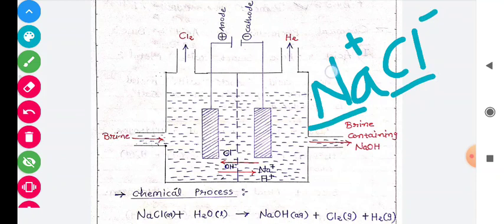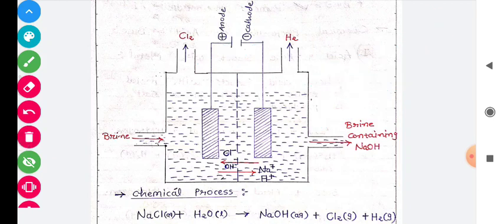So the positive ion is attracted to the negative side and the negative ion is attracted to the positive side. As we studied in electrostatic force, two opposite charges attract each other. So Na plus is attracted to the cathode and Cl minus is attracted to the positive terminal. So negative ions are forming on the anode side and positive ions are forming on the cathode side.